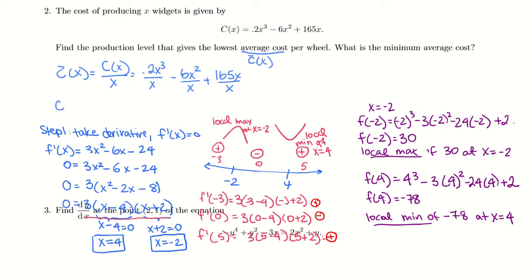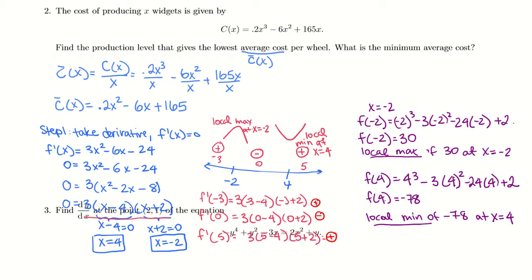So our c bar function is equal to 0.2x squared minus 6x plus 165.